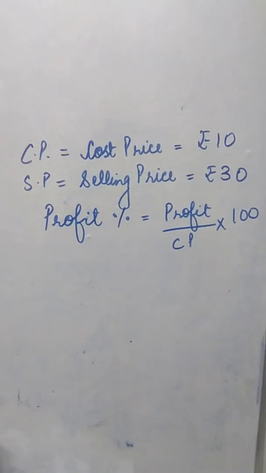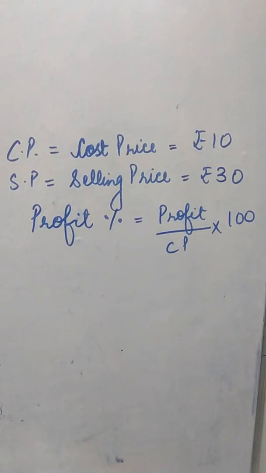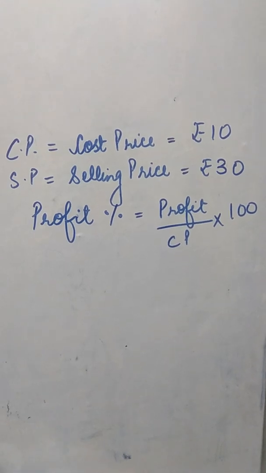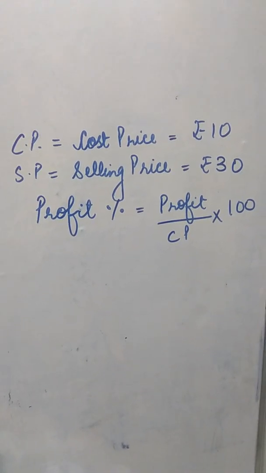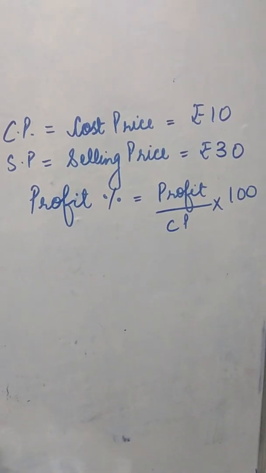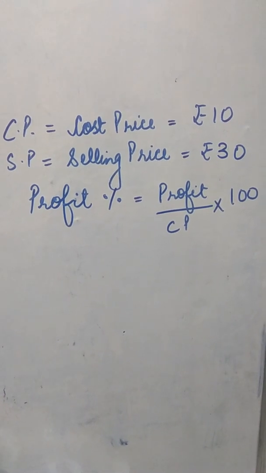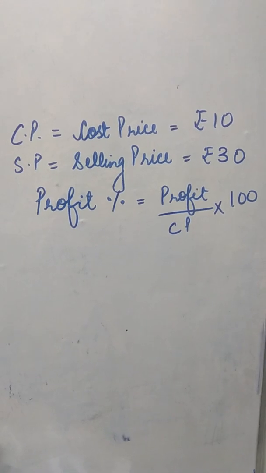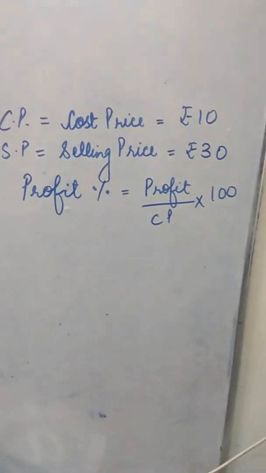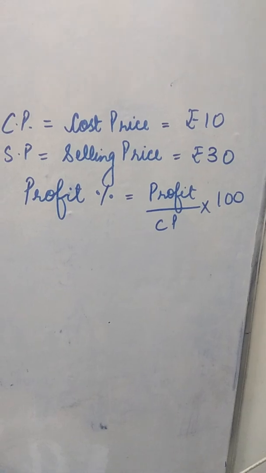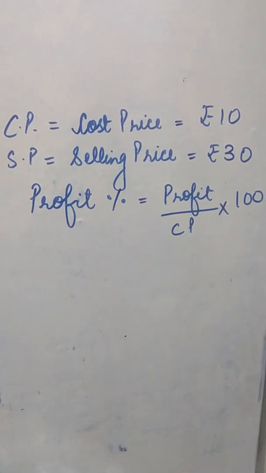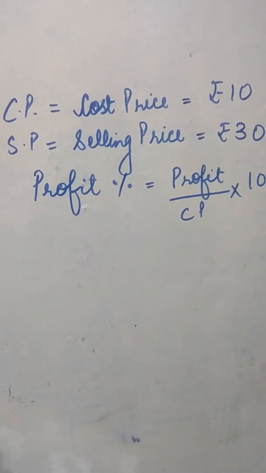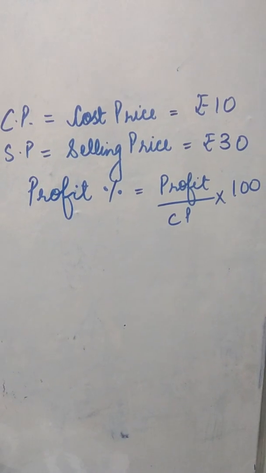Now let us see what is profit percent. If we need to take out the profit percent for this situation, first we need to find the profit, and over here we can see that the profit is rupees 20. Once we found out the profit, all we have to do is to convert that to percentage. So for converting profit into profit percent, we say that it is profit divided by CP into 100.